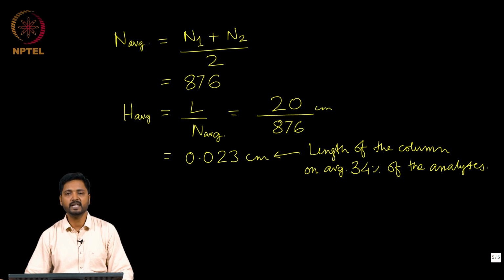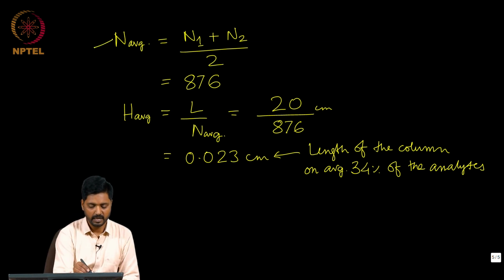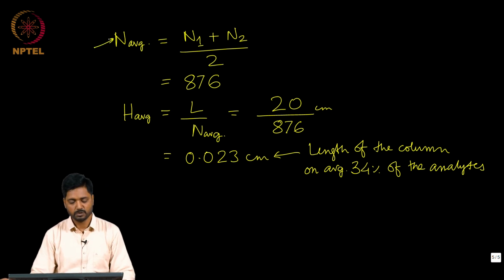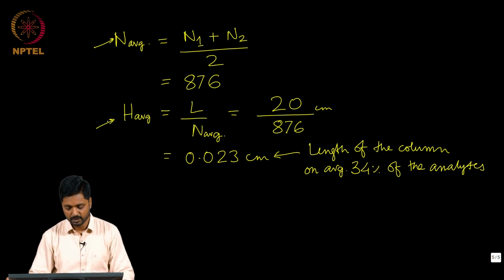So, we have already calculated the total number of plates present in this column for analyte 1 and analyte 2, and these two numbers were different. From this we calculated the N average, and finally we also calculated the average plate height for this column.